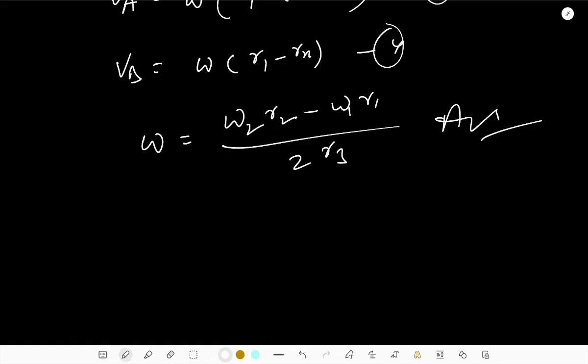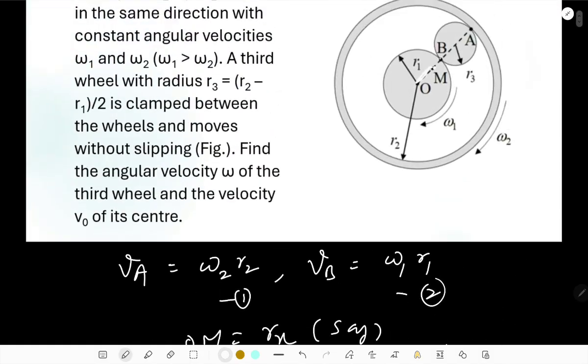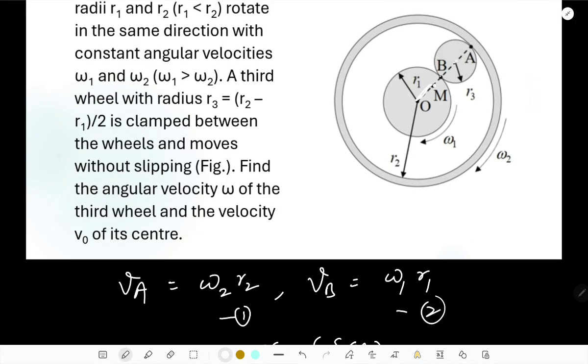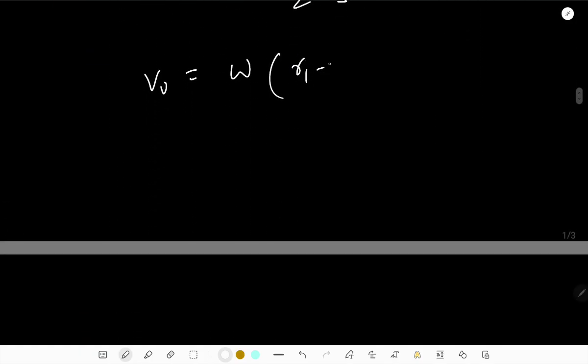V naught is the omega you got, multiplied by the distance of the center of the third wheel from the instantaneous center of rotation. The instantaneous center of rotation is here, so this distance is R1 minus Rx plus R3.